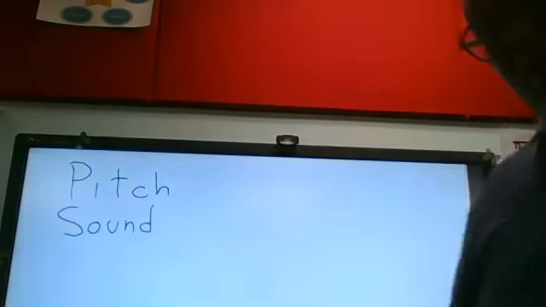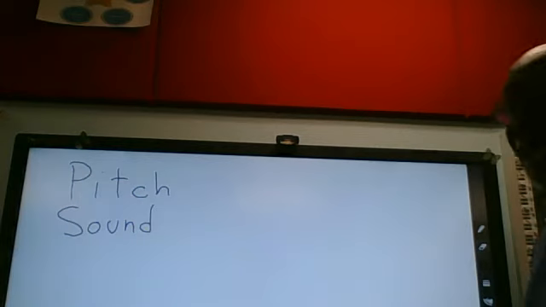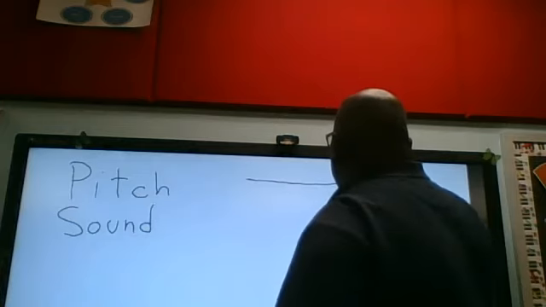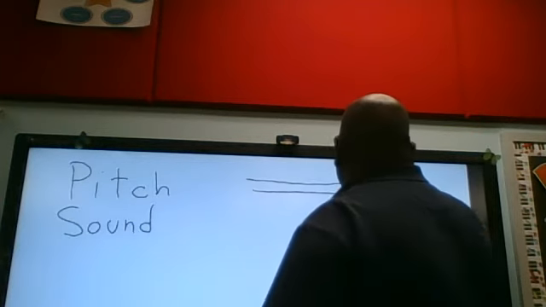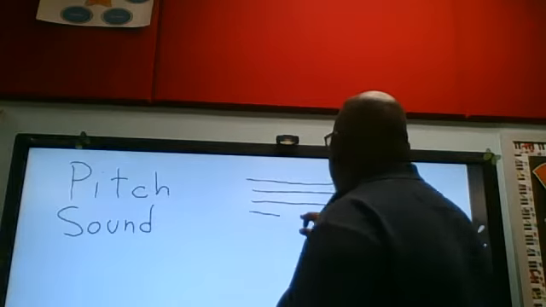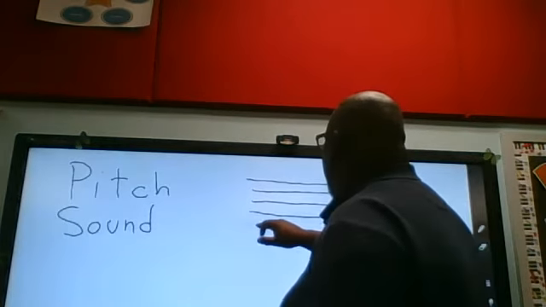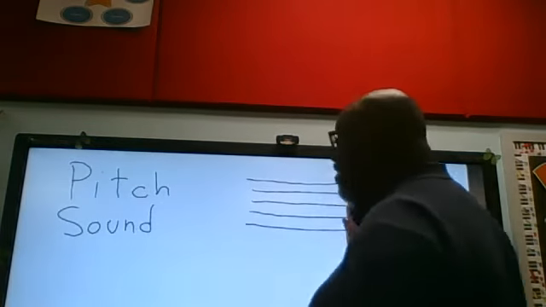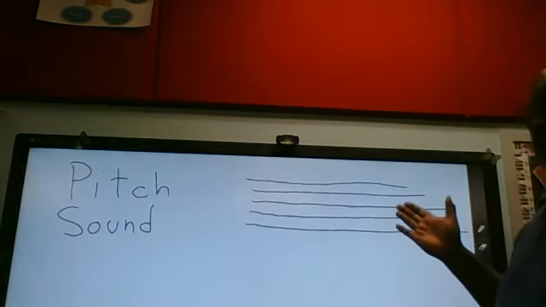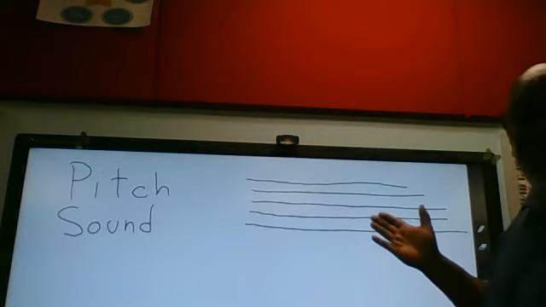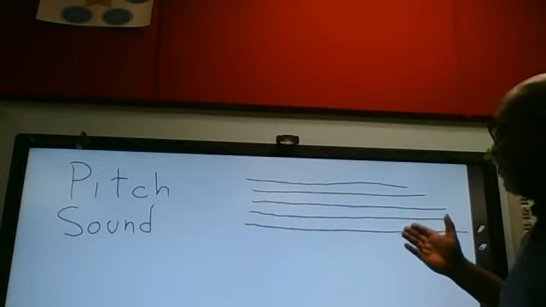This graph, boys and girls, is called a staff. A staff has 1, 2, 3, 4, 5 lines. These 5 lines, boys and girls, is called a staff.